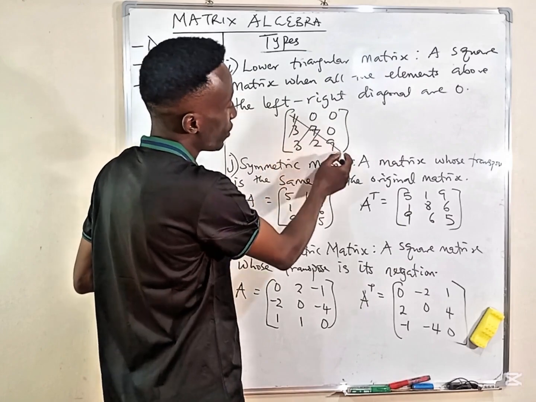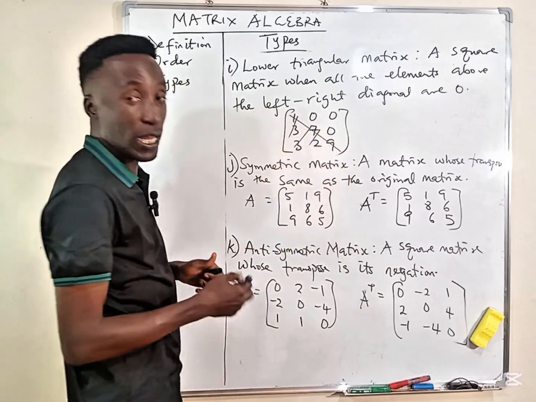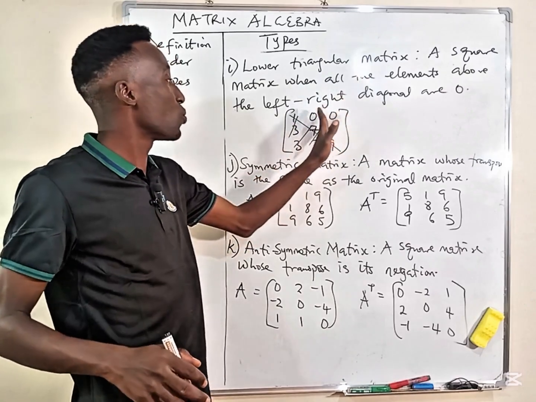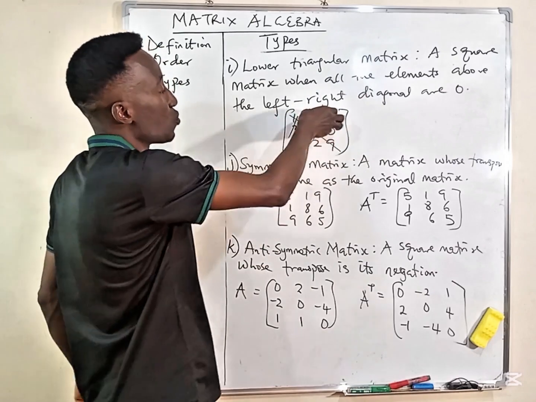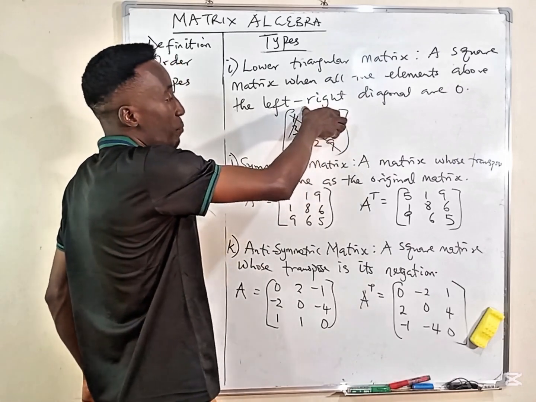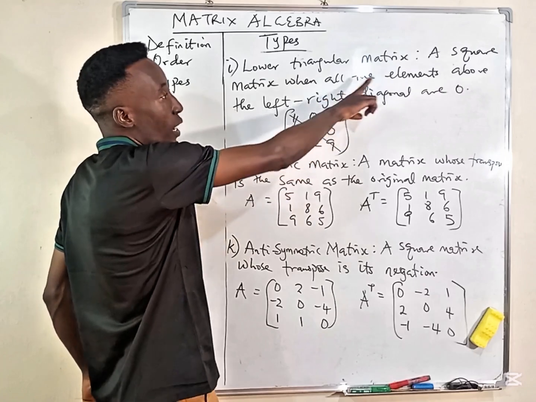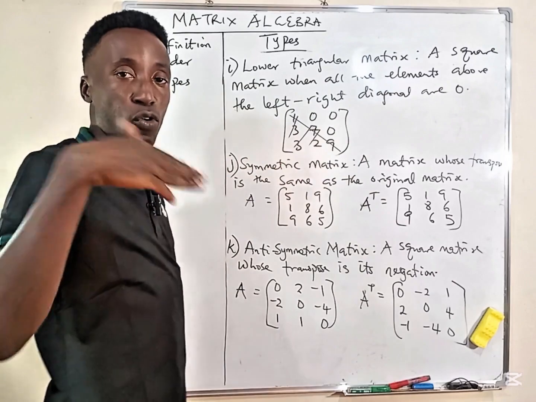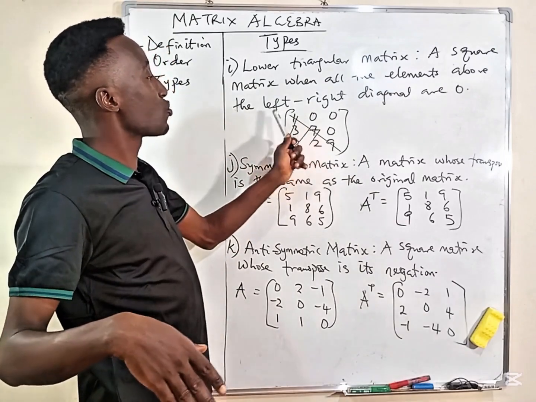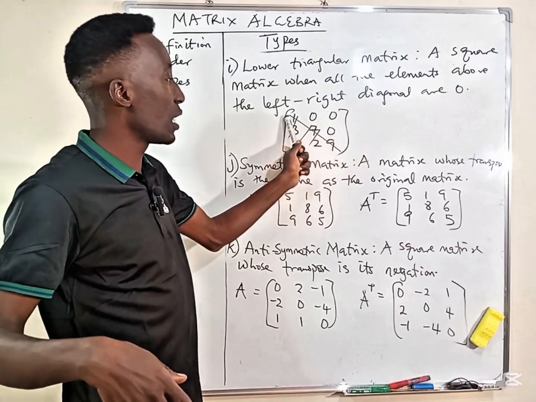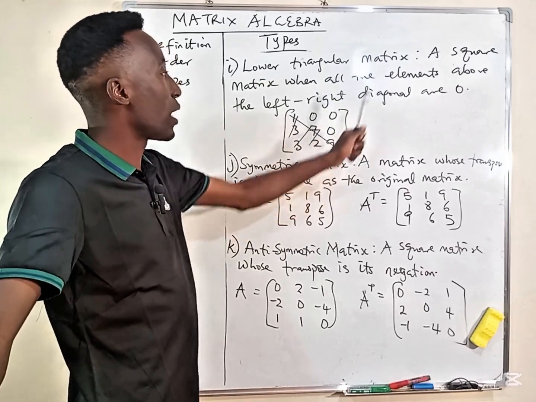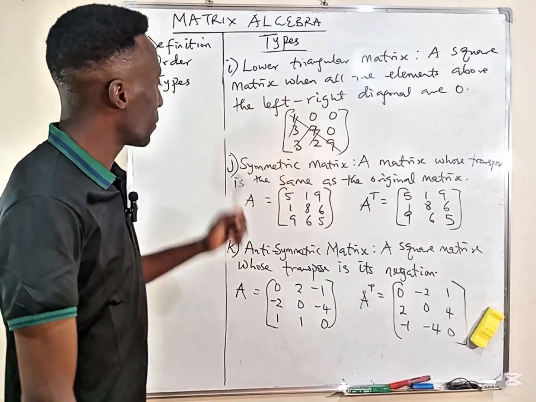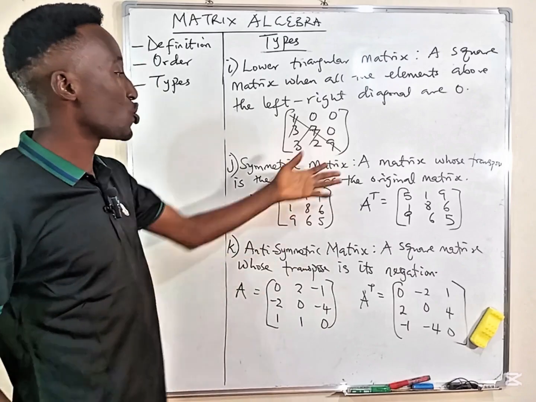This is the diagonal, and the elements below are non-zero, but the elements above the diagonal are filled up with 0. So any matrix where all the elements above the left to right diagonal are 0 is a lower triangular matrix.